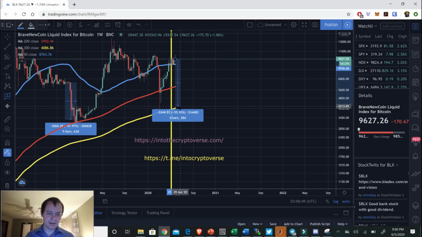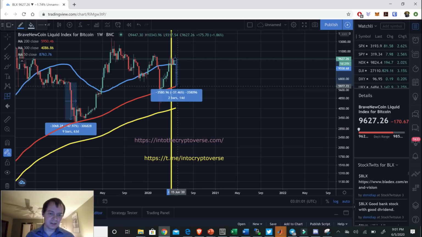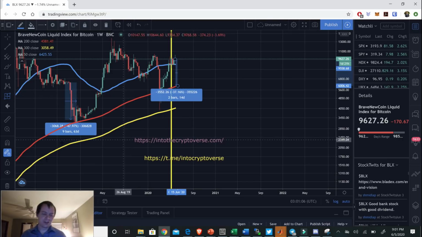If we were to drop around, say, this would be a 56% move. So this is from the top, down to the 300-week moving average. This would be quite a drop. But if you look, the 200-week moving average is around a 37% drop. So it wouldn't be completely unheard of for something like this to happen.